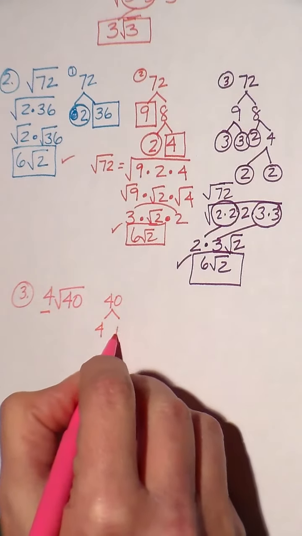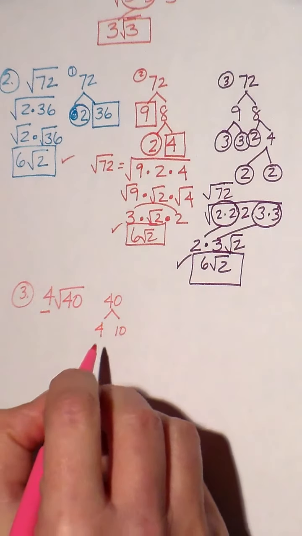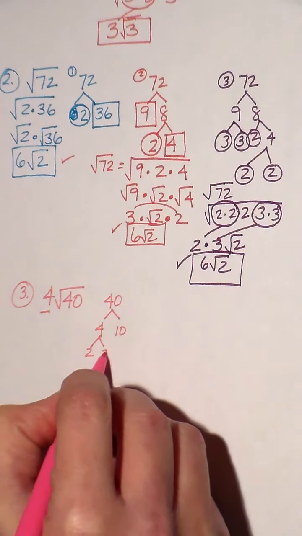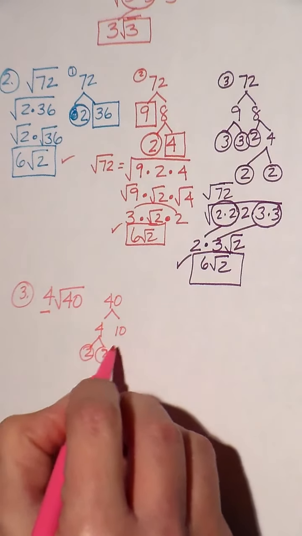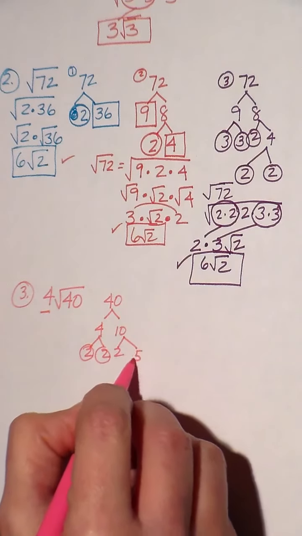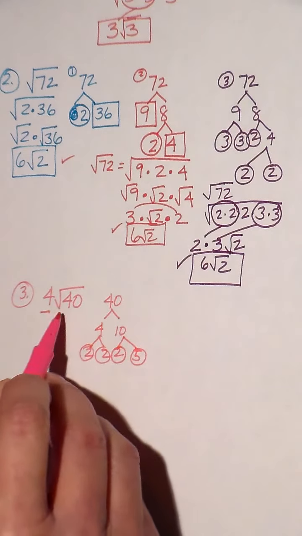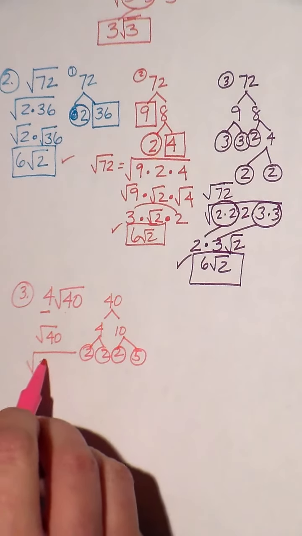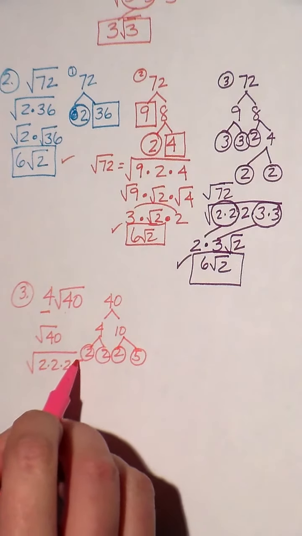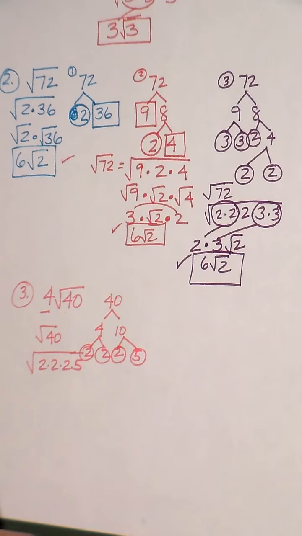I've got 4 times 10. 4 is 2 times 2, or you could do perfect square if you want to do perfect square. 10 is 2 times 5. So the square root of 40 is the same thing as 2 times 2 times 2 times 5. Okay?